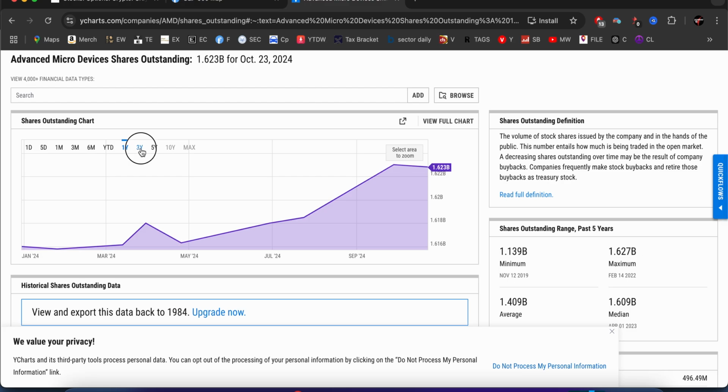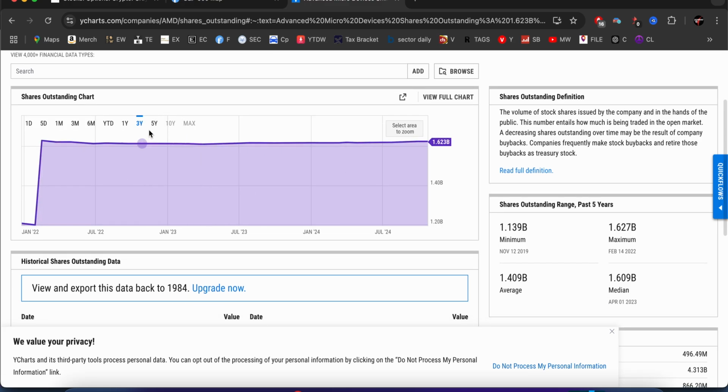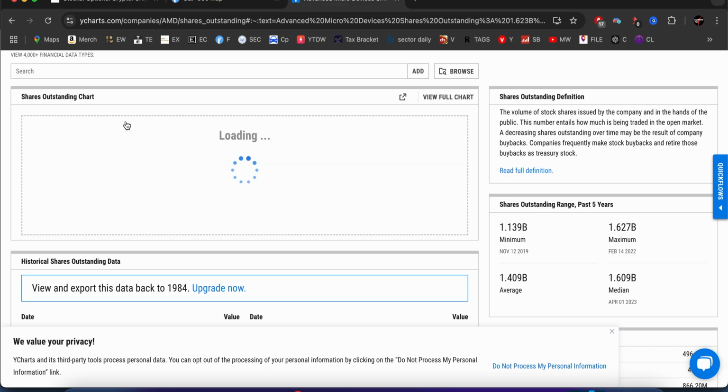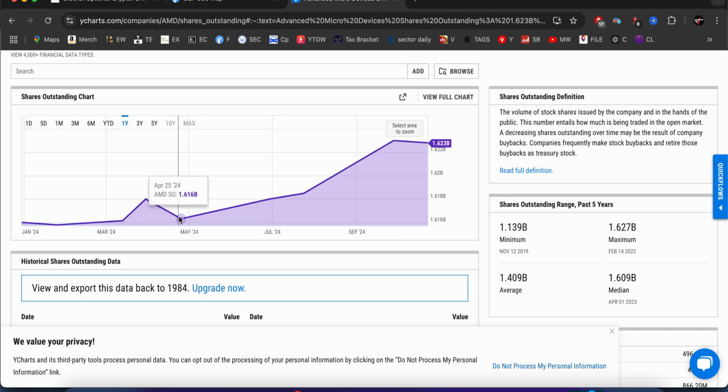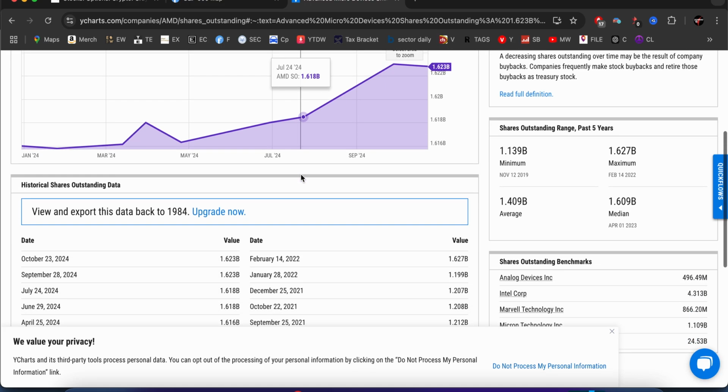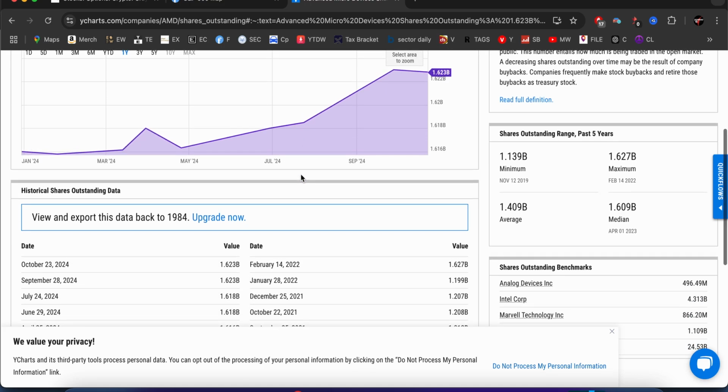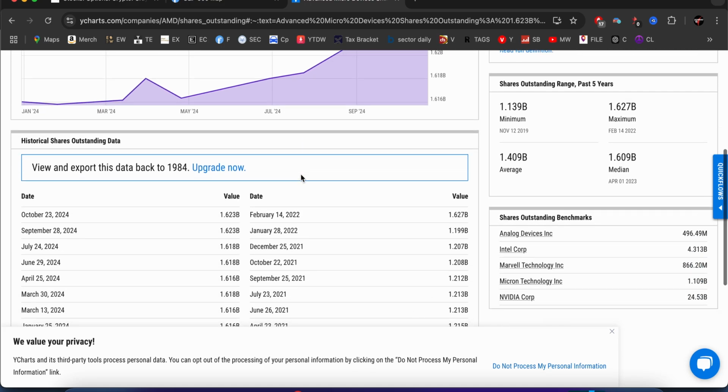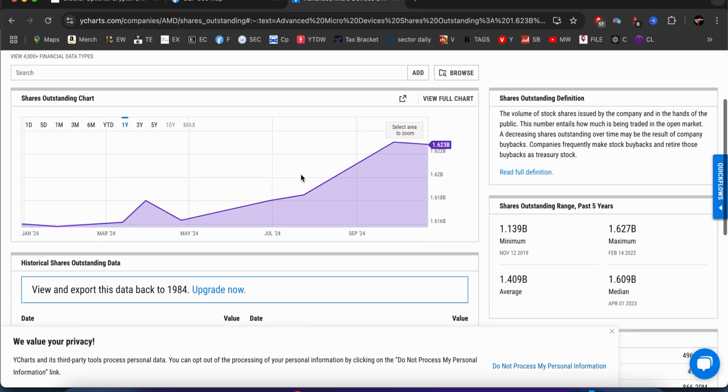That's it. Okay. Over the last 3 years, they have pretty much the same outstanding shares. If we look at it year to date, let's say from March, a little bit higher. What happened? Maybe they issued some, or some insiders got bonuses and then capitalized on it.